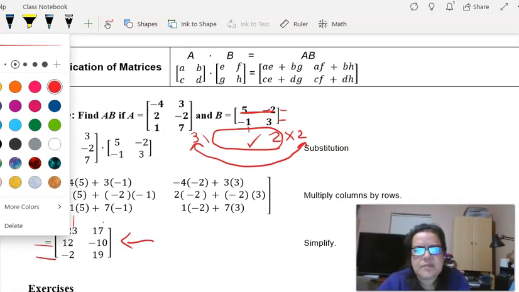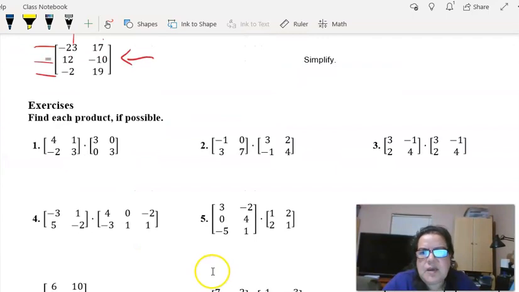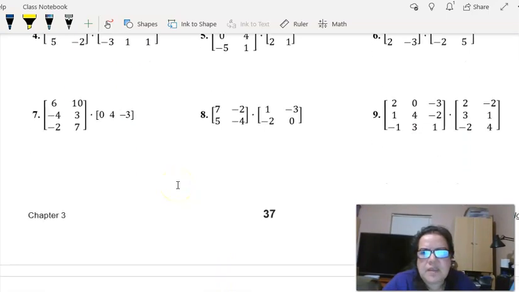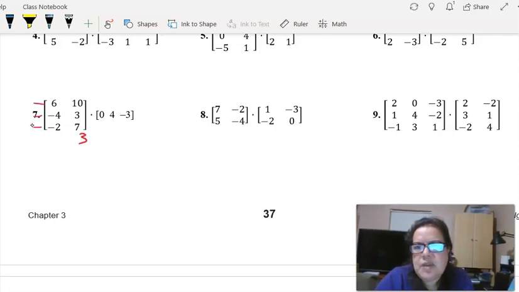All right, so let's go on and continue looking at some other types. So they're asking you to find the product if it is possible. Let's look at one just to test. Okay, so let's look at number 7. Is it possible? Well, let's see what is going on here. So far I have a 1, 2, 3. This is a 3 by 1, 2. So this is a 3 by 2 matrix.